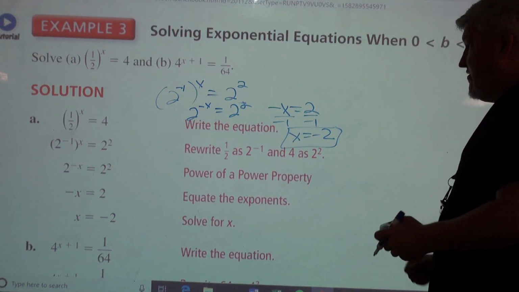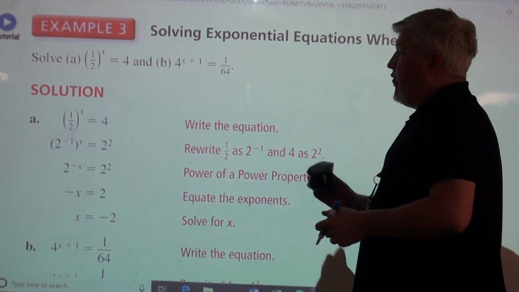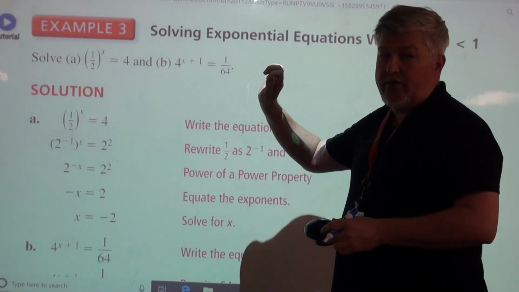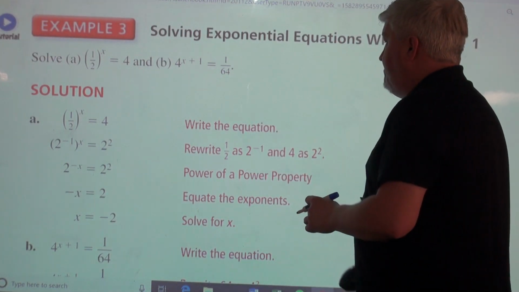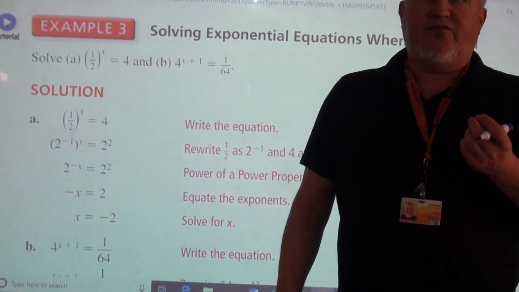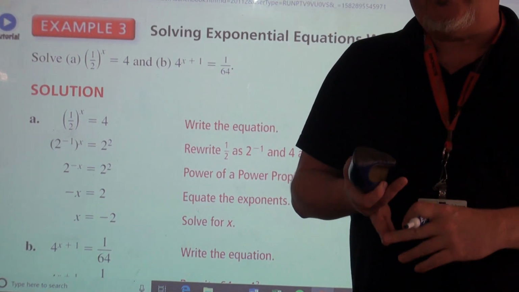Okay, that's the first example. Second one, 4 to the x plus 1 equals 1/64. Okay, 64 is 4 cubed. 4 times 4 is 16, times 4 is 64.